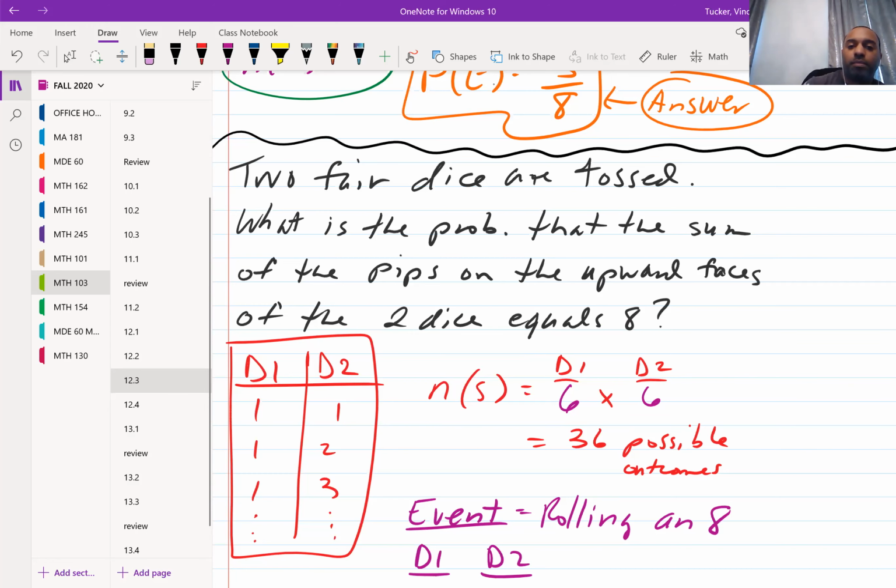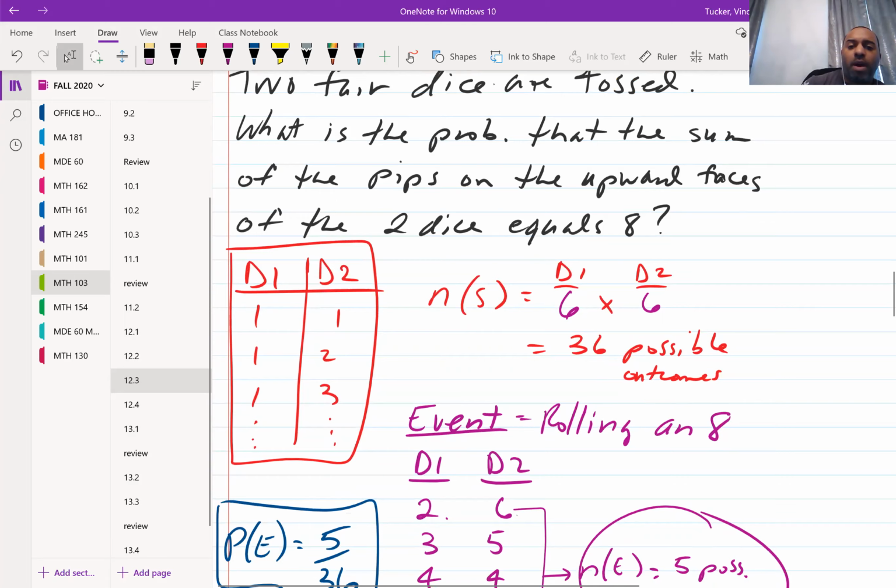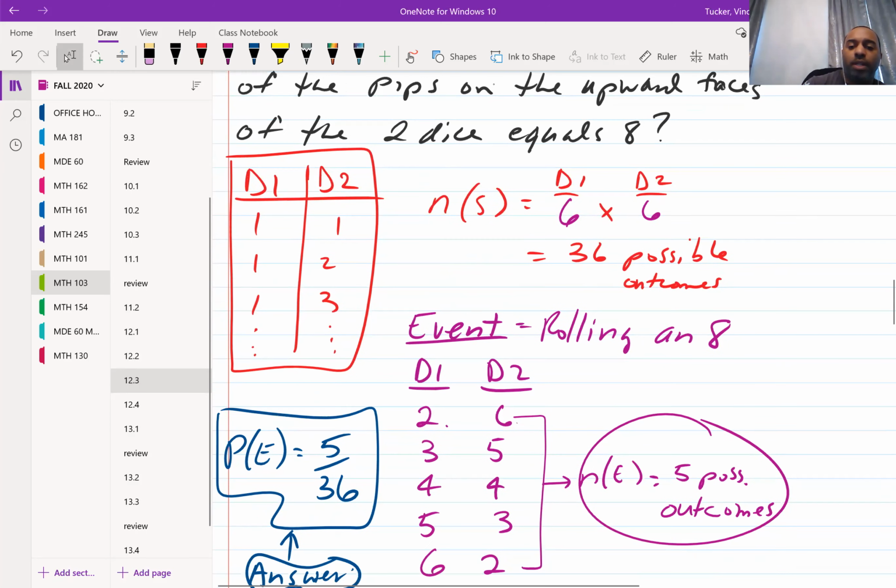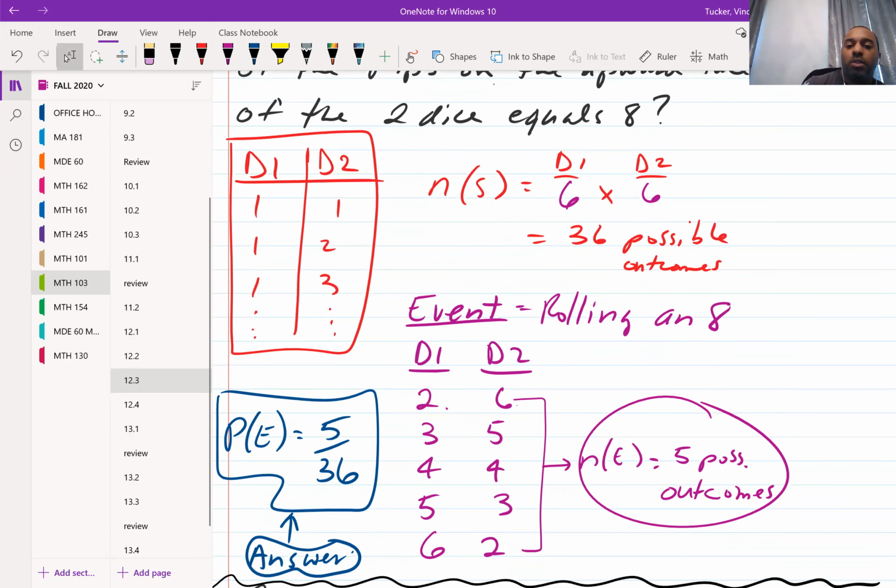All right. So now our event is rolling an 8. So you look at all of the possible outcomes that you could create by rolling an 8. So in other words, 2 plus 6 will give you 8. Die 1 being 2, die 2 being 6, die 1 being 3, die 2 being 5, and then 4 and 4. Die 1 being 5 and die 2 being 3 is another combination.